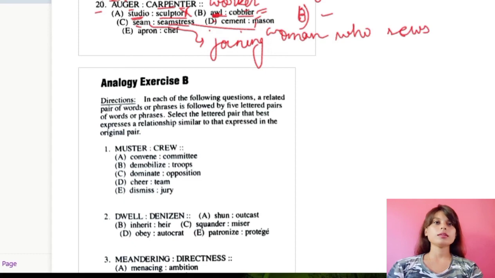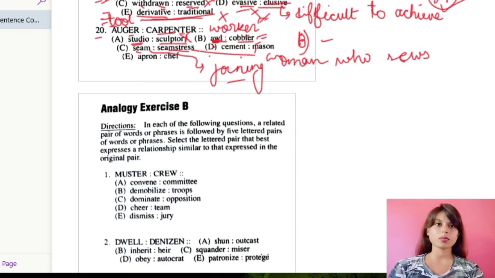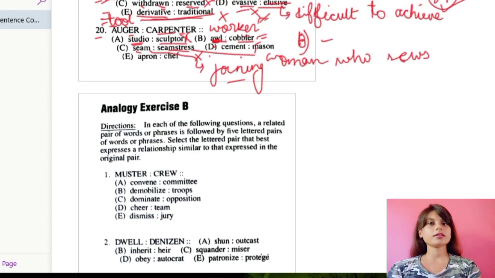So seam and seamstress, seam basically isn't a tool. It means joining, but it is not talking about any tool. So it's not like auger, so we cannot consider this one. Seamstress is doing her job, but seam is not the tool like they have shown in auger in the question. So we are not considering option C also.